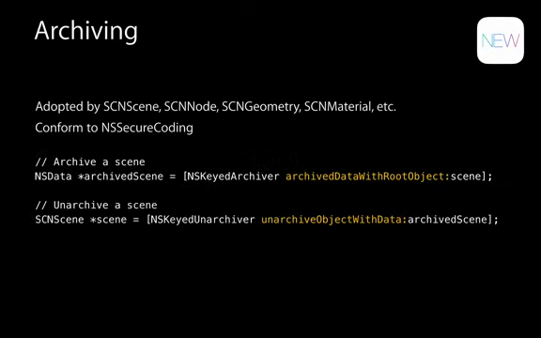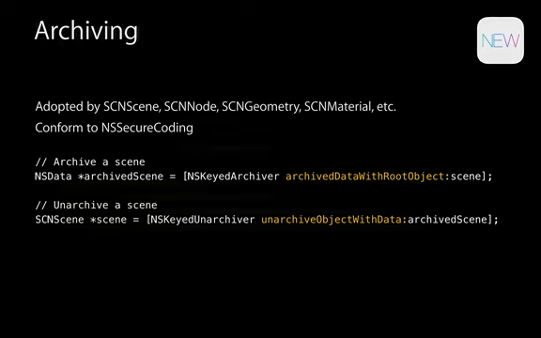The first one is archiving. Now, this is new in this release. All the objects of the scene graph API conform to NSSecureCoding. So that allows you to archive whatever object and unarchive it with a well-known NSKeyedArchiver, for example.